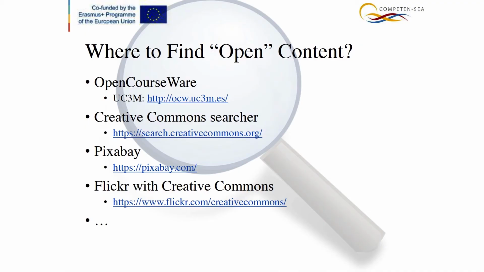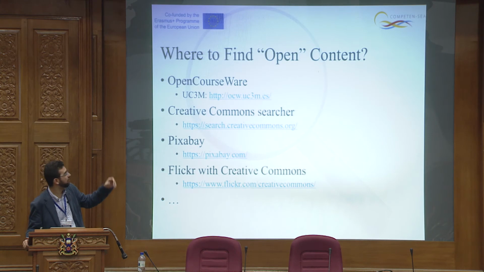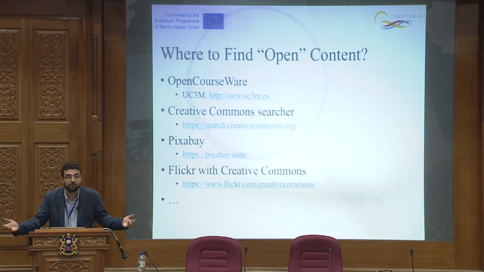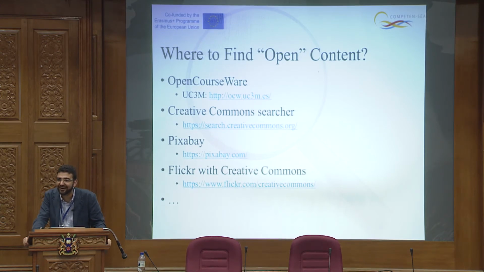Okay. So where to find open content? These are some sources. We have OpenCourseware, and here's the OpenCourseware by UC3M, but there are many universities offering contents from the beginning of this century in OpenCourseware. So there you can find materials with open licenses.